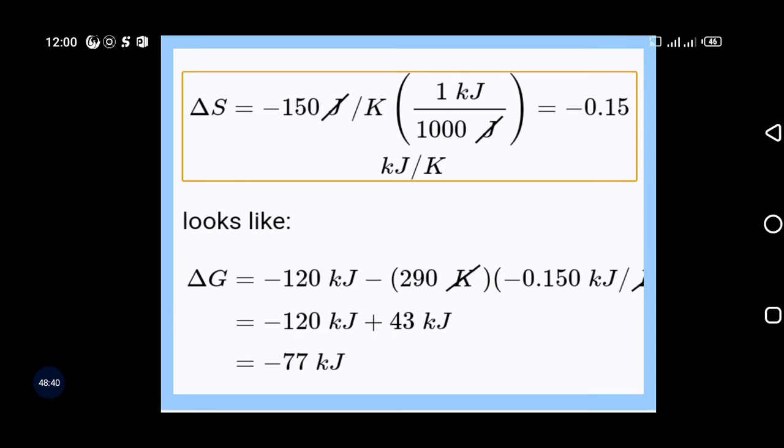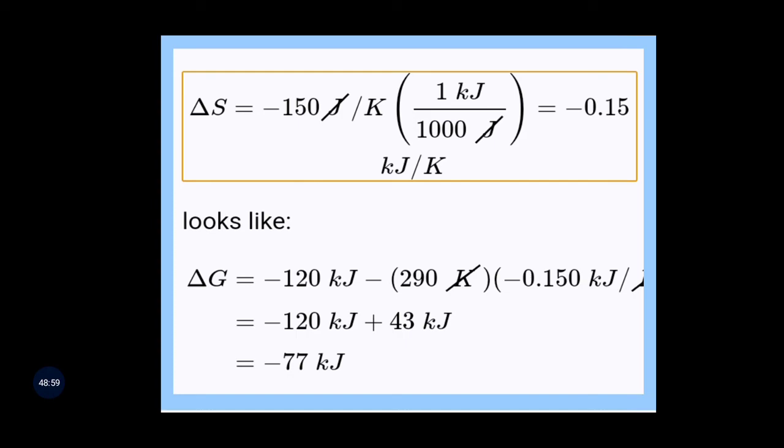I divide 150 by 1000, so it's now minus 0.15 kilojoule per Kelvin.